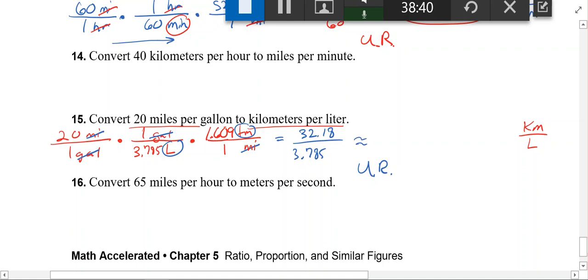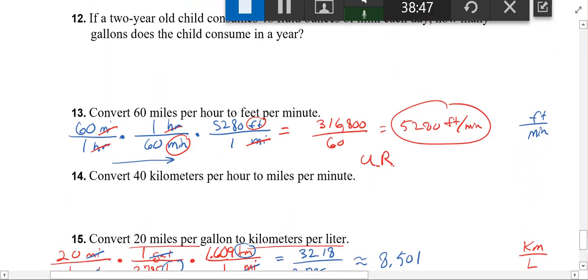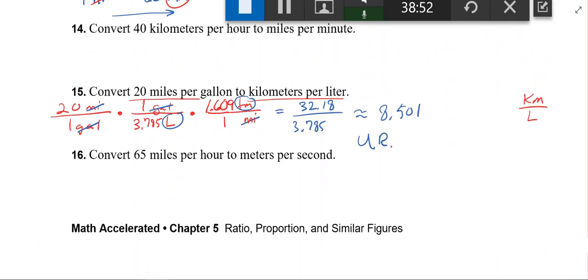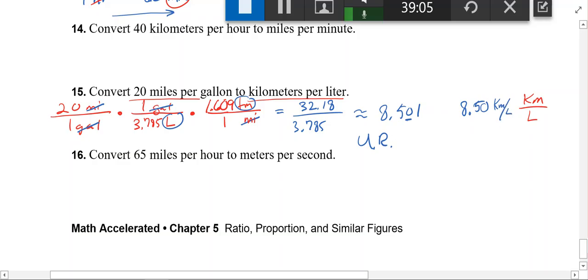And my calculator says 8.501, and it keeps on going, but the direction said round to the nearest hundredth at the very top. So here's our hundredth place. This 1 is not going to make that change. So our answer is 8.5, or you could put the 0 there. It doesn't really matter. Kilometers per liter. That's gas mileage in the UK or anywhere else in the world.